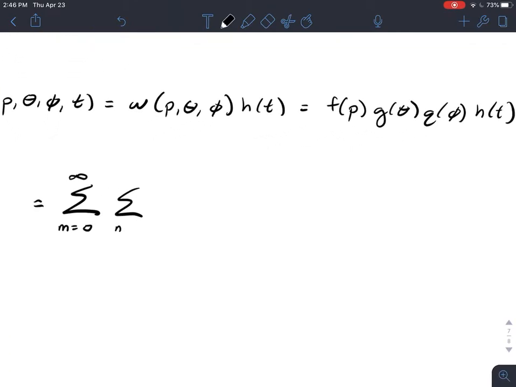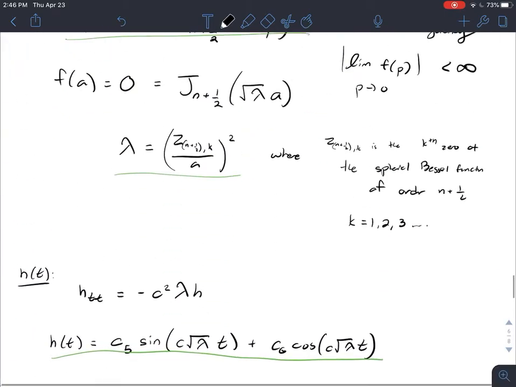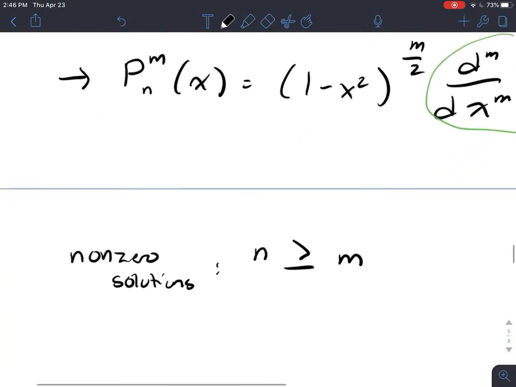N is equal to m to infinity, and then k is equal to 1 to infinity. So why am I starting n from m? Remember the condition that we instated here earlier.